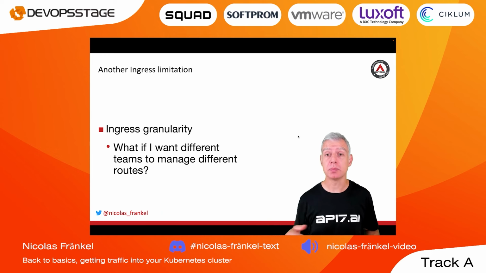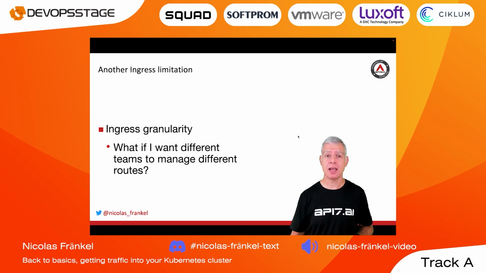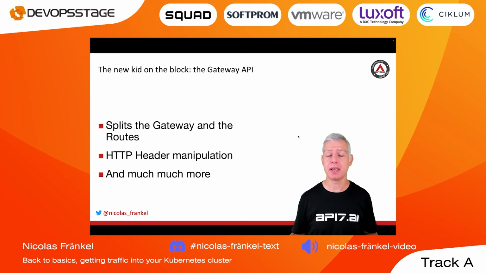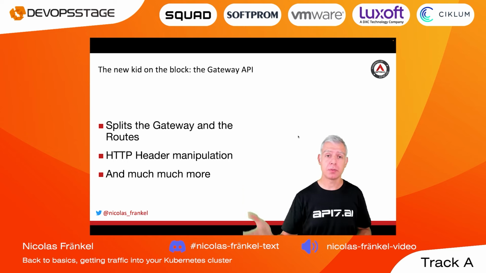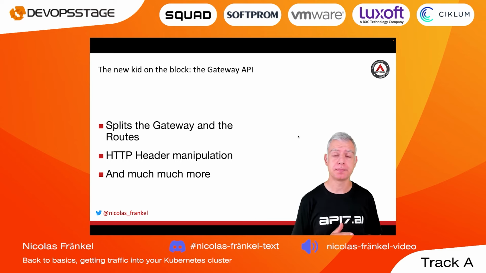So we need to be better. We need another way to do that. And that's the idea behind the Gateway API. The Gateway API tries to improve upon the previous limitations of the Ingress controller.